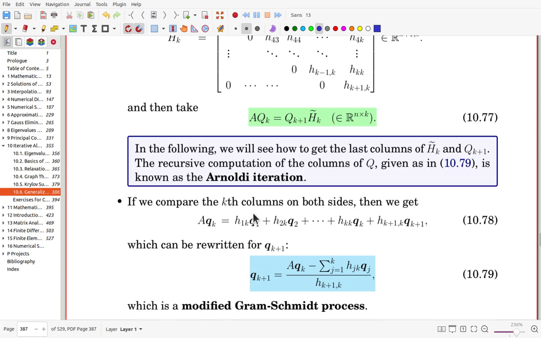Now, assume we recursively construct columns of Q and columns of H, so that in the following we'll see how to get the last columns of H tilde k and Qk plus 1.